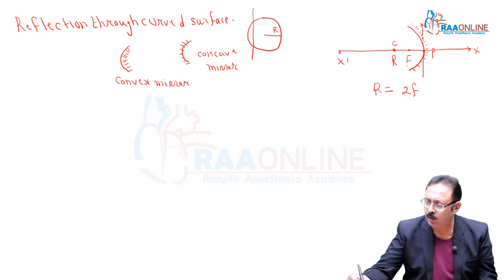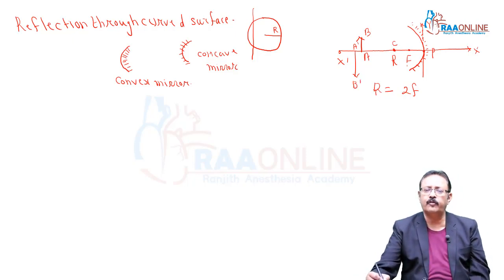Suppose I have one object and I find its image like this. It is the object, it is its image. So we will say the length of the object is positive.